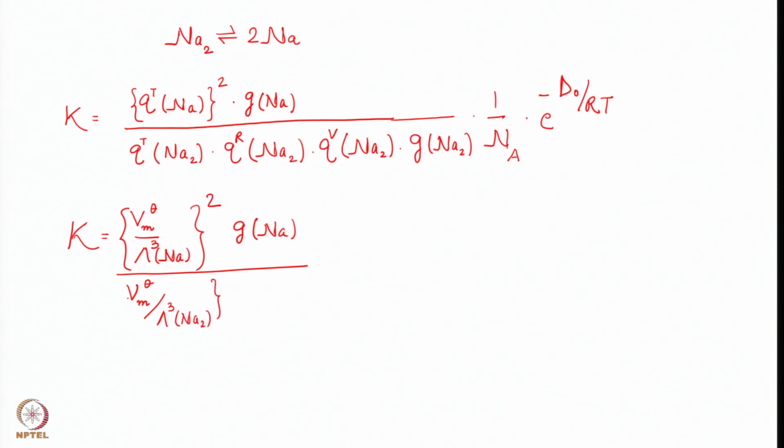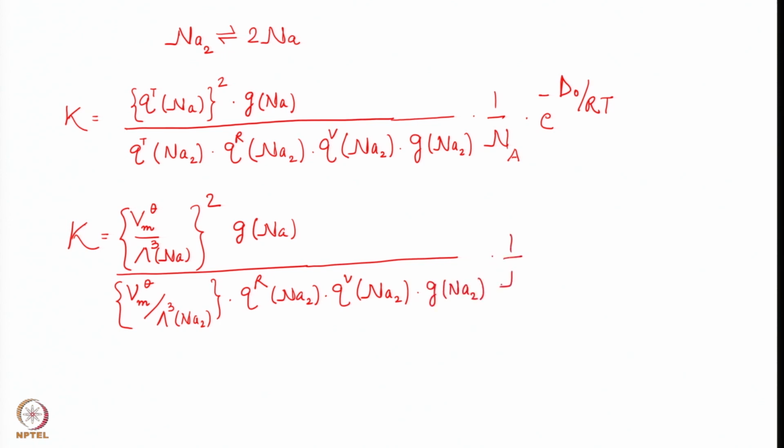This is translational contribution. I will retain rotational as such, I will write Na2 into Q vibrational, I have Na2 into degeneracy of the ground state Na2 into 1 over Na into exponential minus D0 by RT.